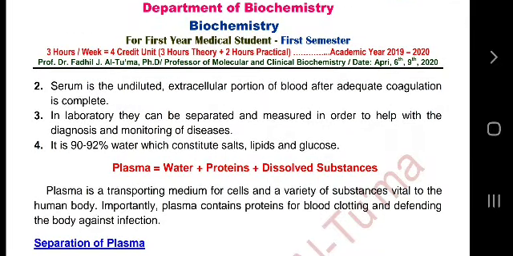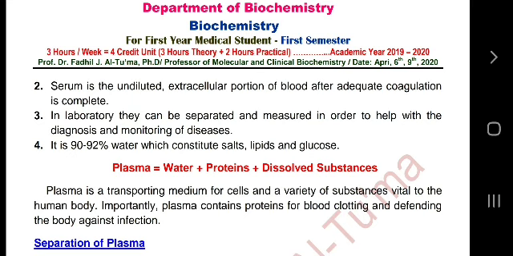Serum is the undilute extracellular portion of blood after adequate coagulation is complete. بعد عملية أو حدوث الكواجوليشن ممكن أن نطلع السيرم from the whole blood كما يأتي لاحقا. The separated blood and plasma or serum are used in diagnosis and monitoring of diseases.